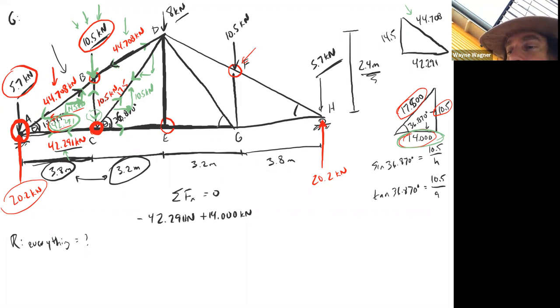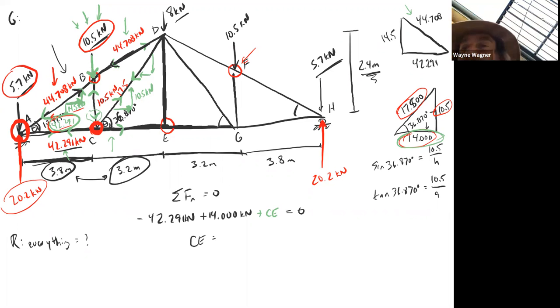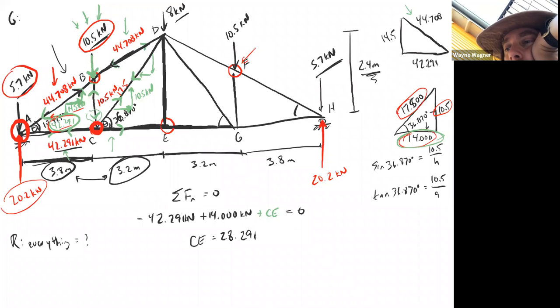And then we've got this force CE, which we don't know what it is. Here's CE right here. I'm going to assume that it's going in that direction, so we're going to say plus CE equals 0. And so CE equals 42 point whatever, so that's 28.291 kilonewtons.